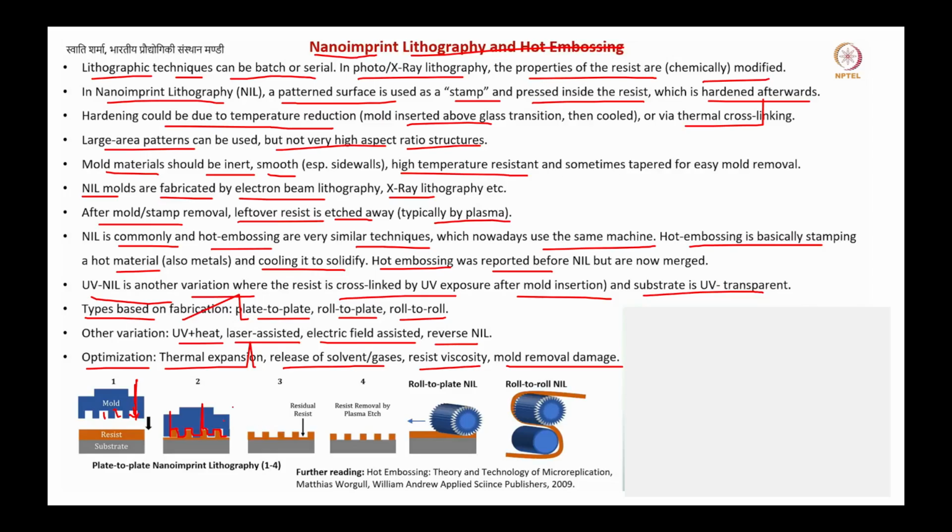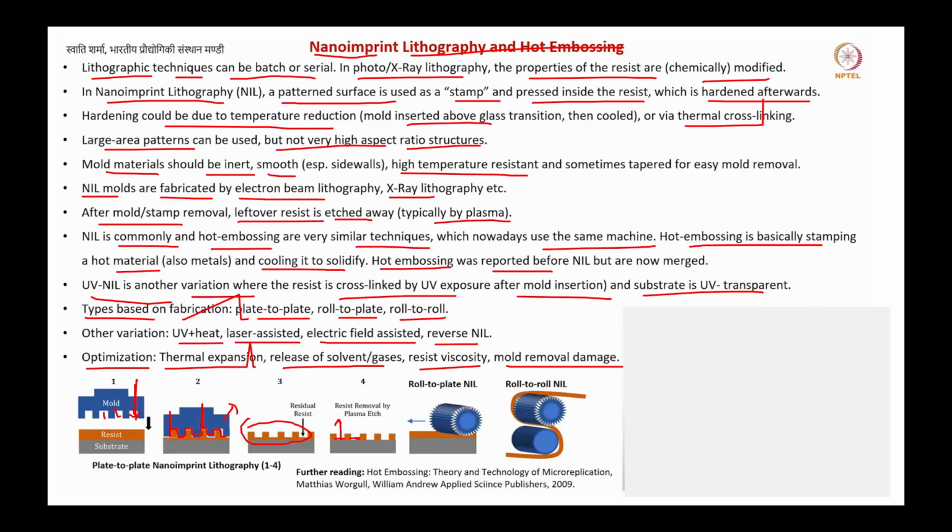After that the mold is removed, and the leftover part will now look like this. Now the residual resist can be removed by your plasma. So this is plate to plate.